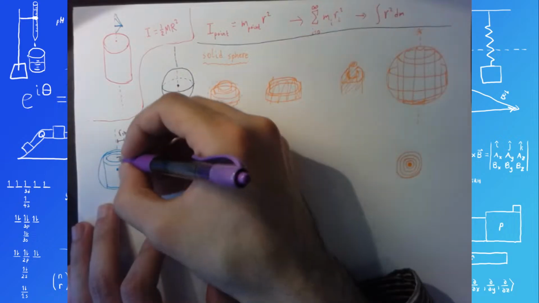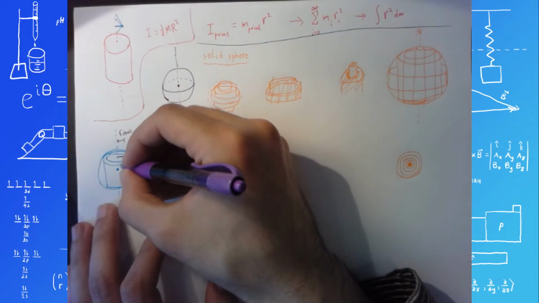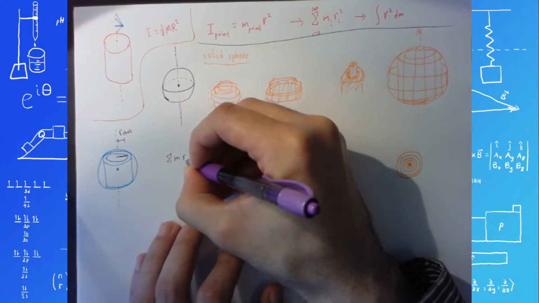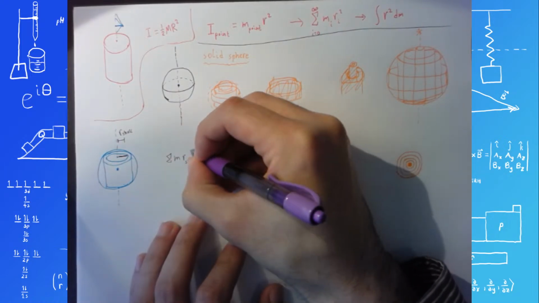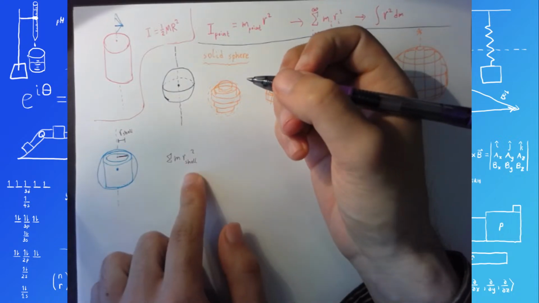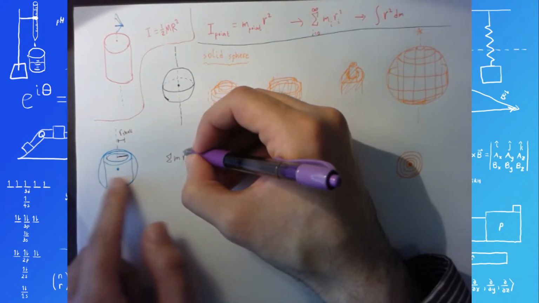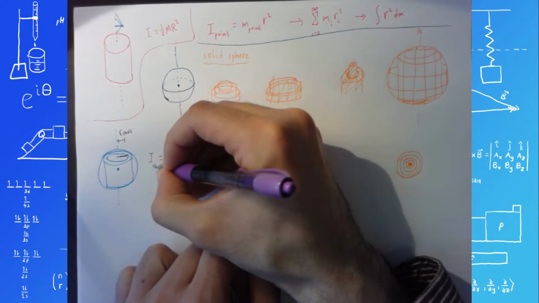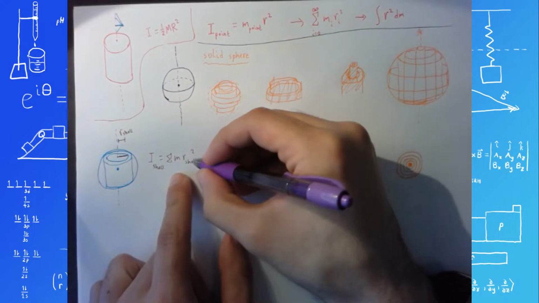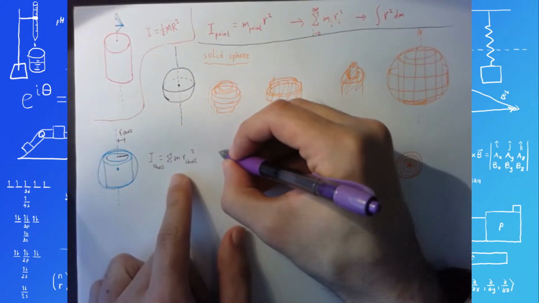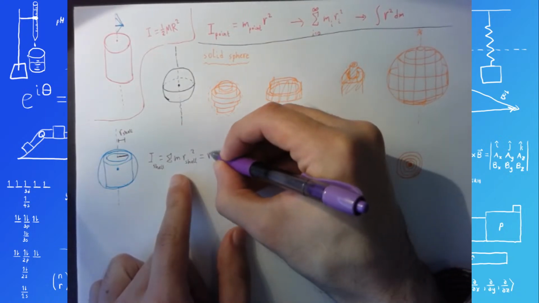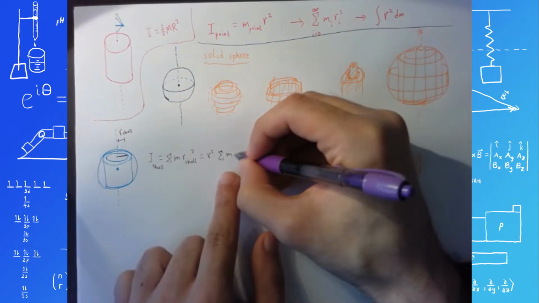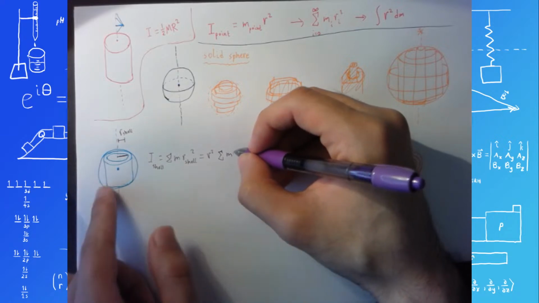And so if you add up the m times r squared for every point within that shell, the sum of m r shell squared, since the r squared is going to be constant, fixed for an individual shell, so this is for one shell, you can pull it out of the sum, and you can say it's equal to r squared on the outside times the sum of the masses of each of the individual points within that shell.